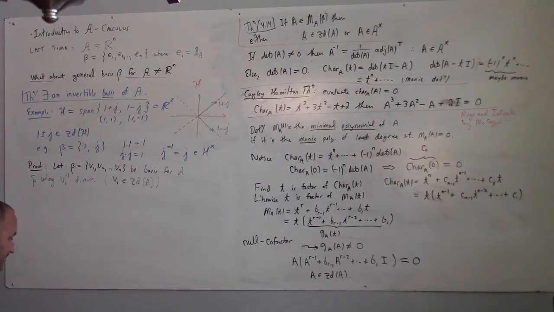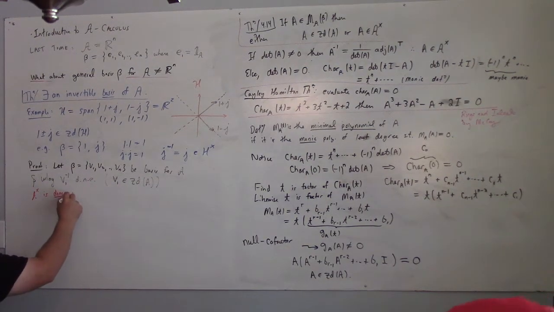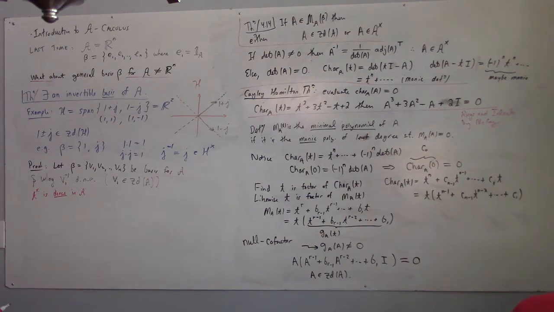So A^X is dense in A. Because if you think of A^X as a manifold, its dimension is n.